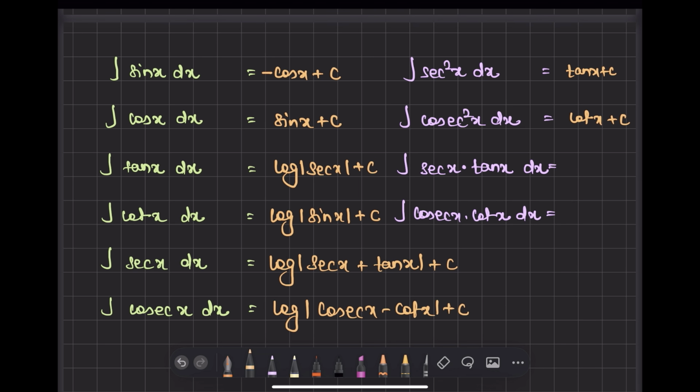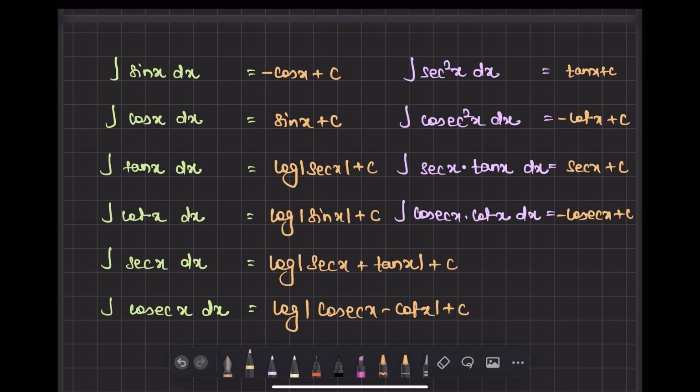Now you know that the answer is in c, so we will put minus. The idea is, like we have sec x tan x. Integration of sec x tan x is sec x plus c. Now cosec x cot x, the integration is cosec x plus c. Again the answer is in c, so we have to put minus.